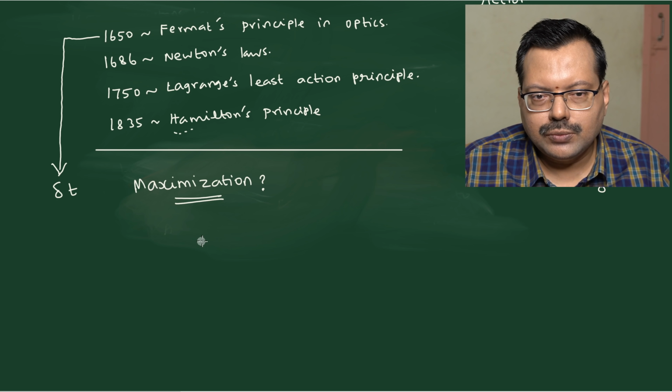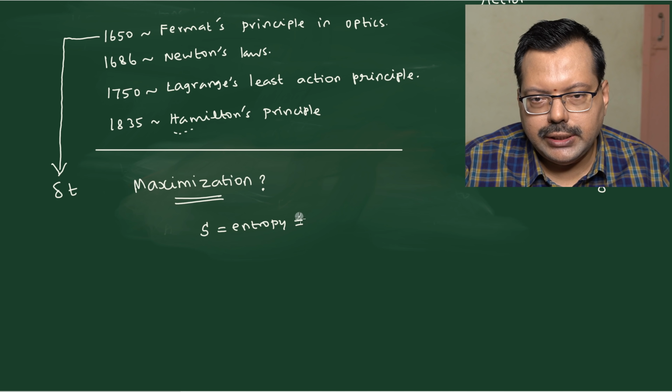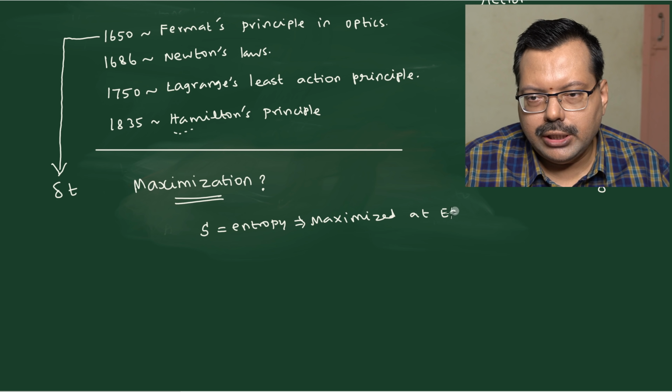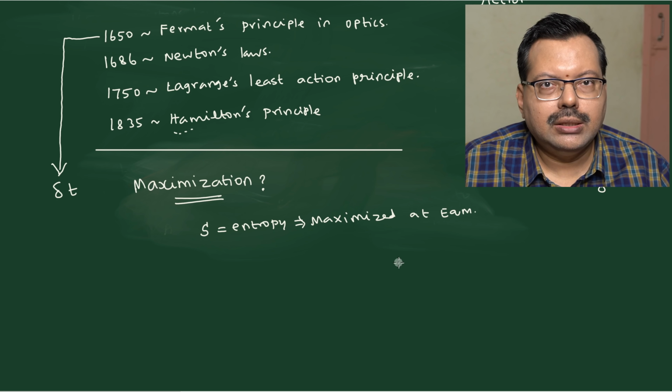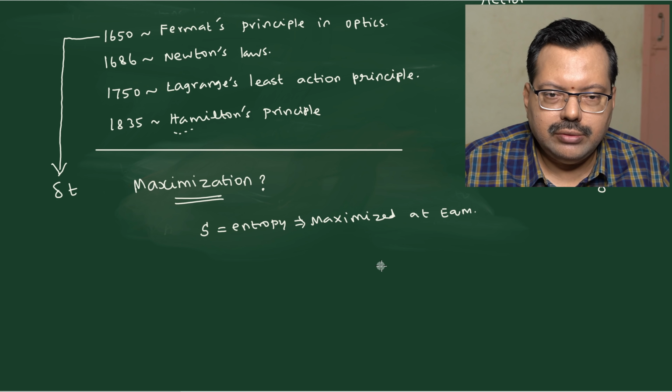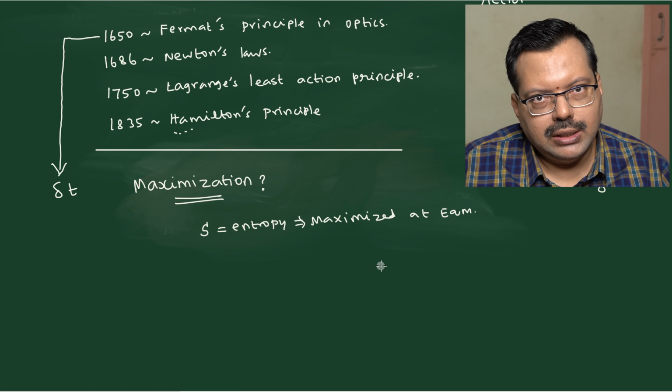That is the concept that should be familiar to you because you studied thermodynamics in your BSc. So if S is the entropy, this is getting maximized at equilibrium. At thermodynamic equilibrium is very, very important. If you don't tell whether it is equilibrium or not, then we also cannot tell whether entropy is minimum or maximum.